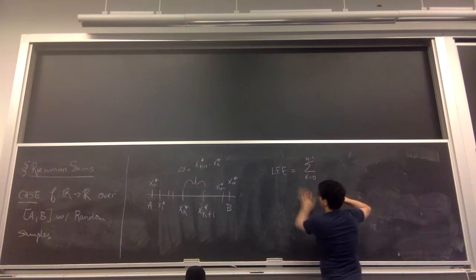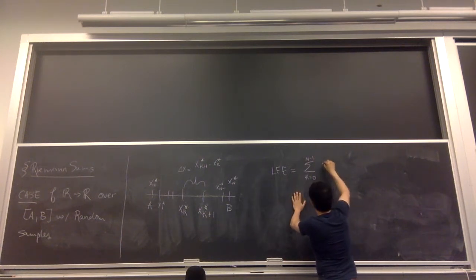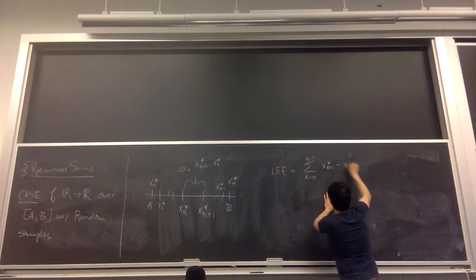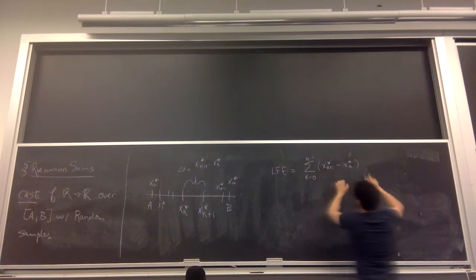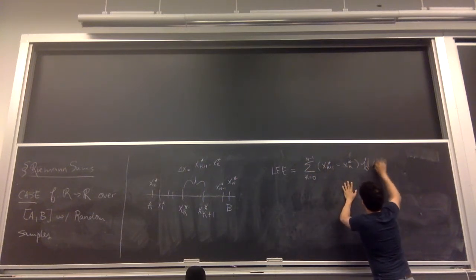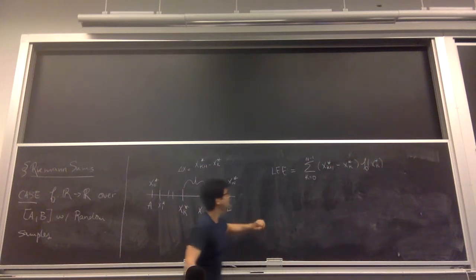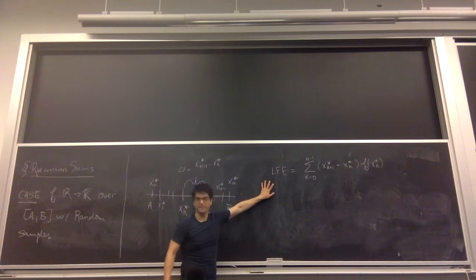Then I need to find delta x, and that's going to be x_{k+1} minus x_k. That's the width of the rectangle. And then I just take the height. So this is the left endpoint estimation with random samples.